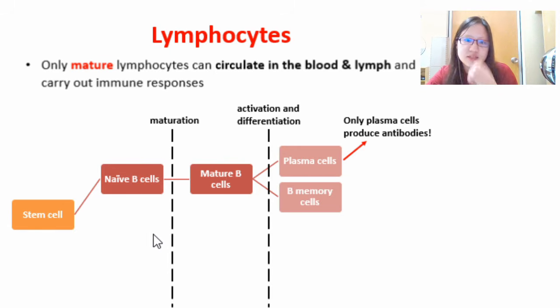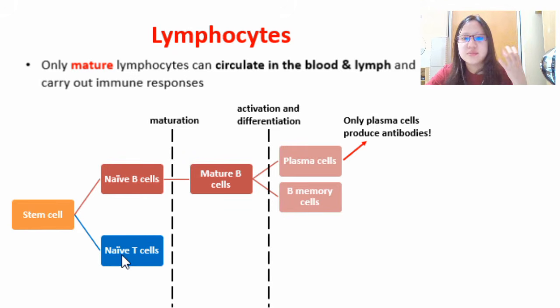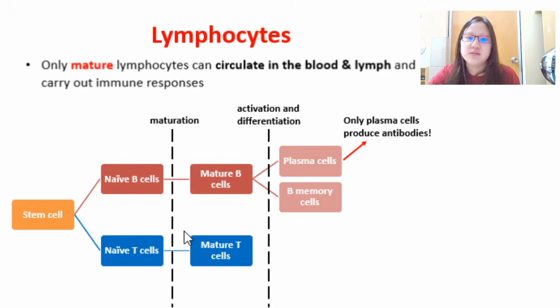How about T cells? T cells, also the same idea. They are made in the bone marrow from the stem cell, form naive T cells, and undergo a maturation process in the thymus to form mature T cells. Then they can circulate in the blood and lymph. But they don't really differentiate and activate until the pathogen that is specific for them attacks.